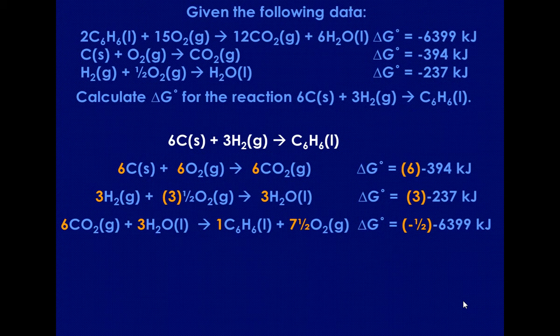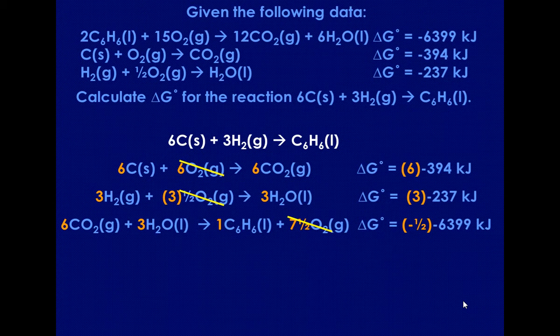I have 1 C6H6, which I started with 2. And I have 15 O2s down to 7.5. So that's why you see the negative sign with the free energy, because the equation was reversed. And I had to divide all of the coefficients by a factor of 2 to get the proper proportions. With that in mind, I have my carbon, my hydrogen, and my C6H6.